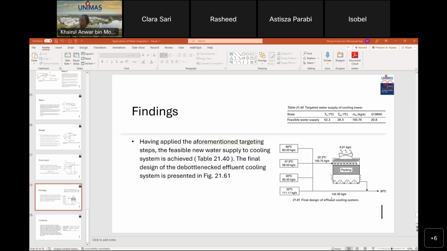So 142.35 kilograms per second is not going to the cooling tower and goes straight to the effluent. So the effluent is at 30 degrees C.